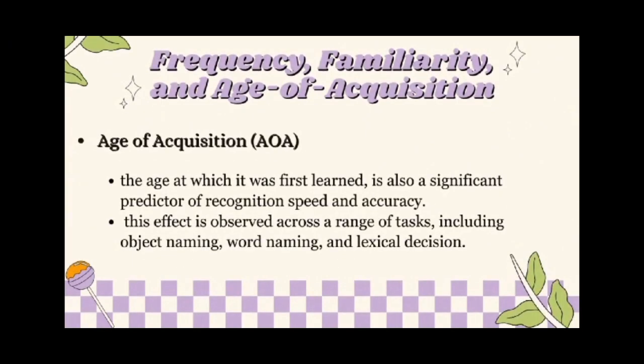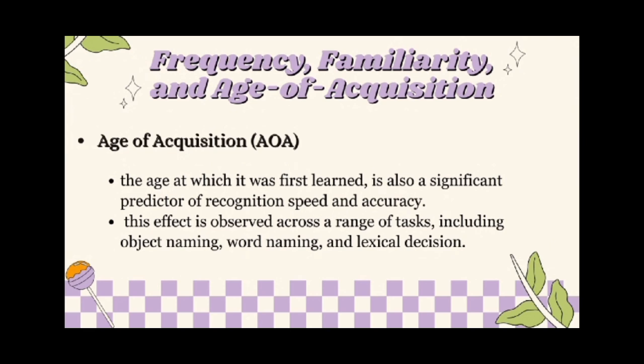Age of acquisition, the age at which a word was first learned, is also a significant predictor of recognition speed and accuracy. This effect is observed across a range of tasks, including object naming, word naming, and lexical decision. Words learned earlier in life are generally recognized more quickly and accurately than words learned later.